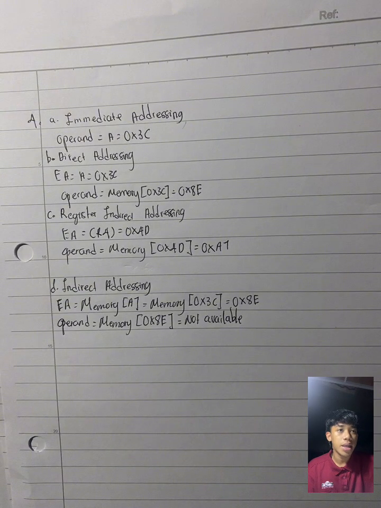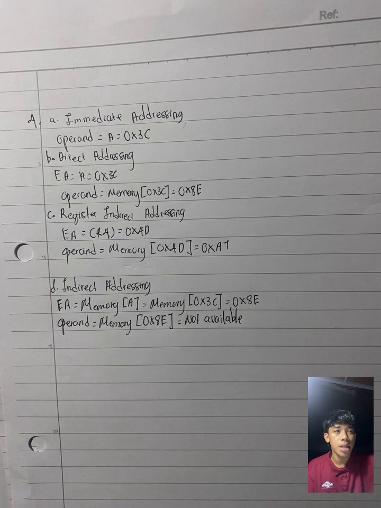And for part B, direct addressing. In direct addressing, the address field gives the memory address where the operand is stored. So the effective address EA equals the address field, which is 3C. And I look up the memory at 3C, which equals 8E. The operand is 8E.